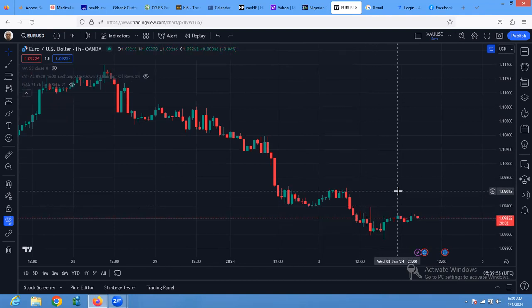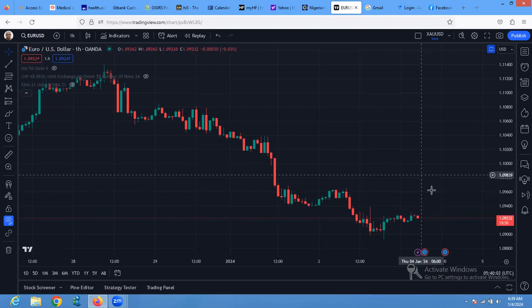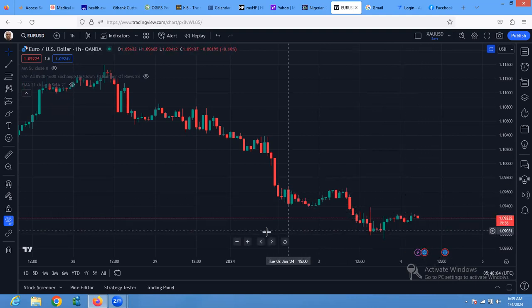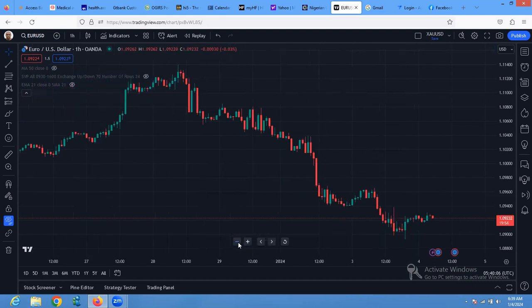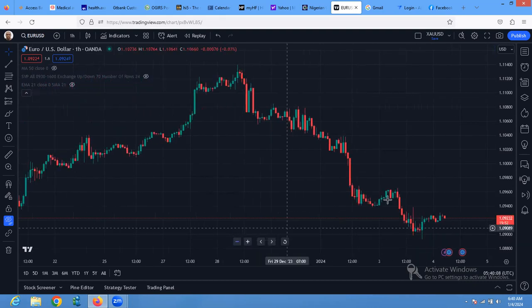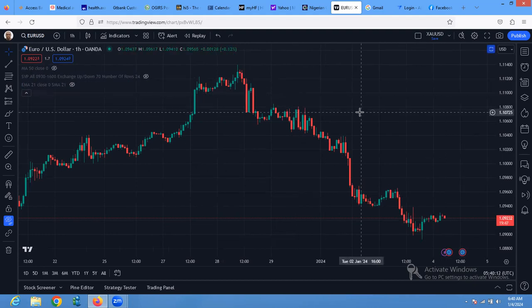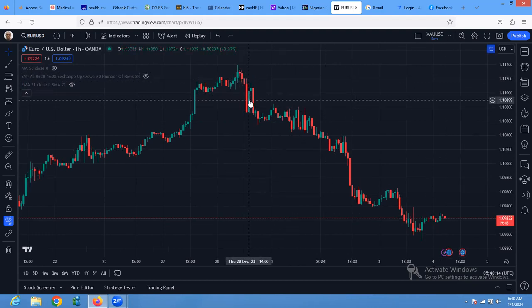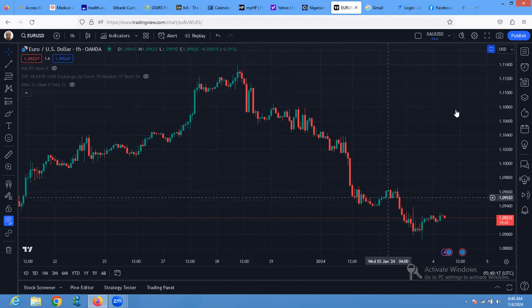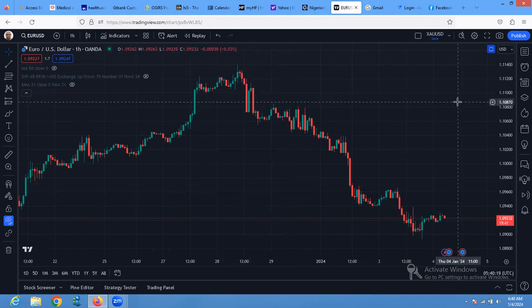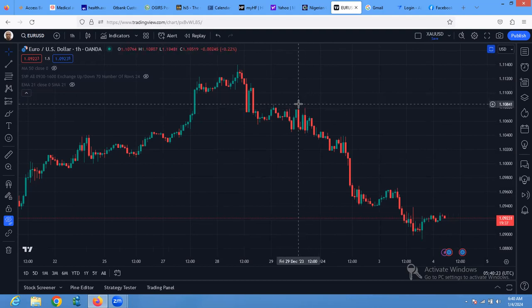So once we break this area to the upside, we look for an immediate correction, then we join a B. And when you are buying a B, what you must know is, don't just think that it's now going back up to break the top. It might not be like that, because we are suspecting, based on what the price is doing, that we might have a B, and at the least without breaking this top here.